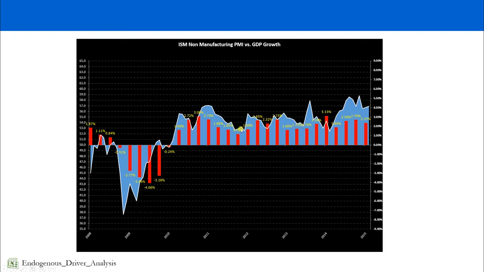And we can see here the current business cycle where the NMI is above 50 and growing at a pretty constant rate, and so has GDP, although there have been peaks in the data, we've generally remained above 50, and we've been around this 55, 56 level on average since we came out of the financial crisis.